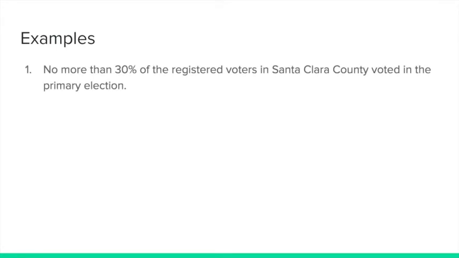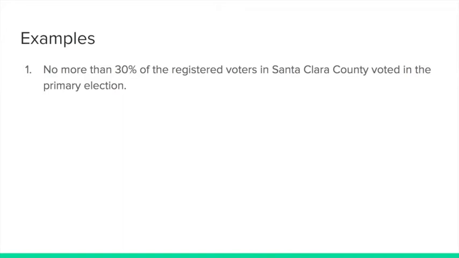All right, so here's some examples, and I'm going to show you my preferred method for determining the null and the alternative hypothesis. It's actually a two-step process. The first thing I do is I read the statement and I try to write the claim in symbols and numbers. So this says no more than 30% of registered voters in Santa Clara County voted in the primary election. No more than 30% is less than or equal to 30%, right?